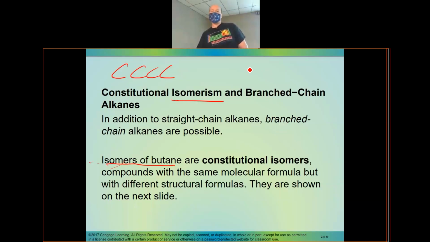Or we could put a carbon, a carbon, a carbon, and then put a carbon off of the middle carbon, and we still have 4 carbons, but they do not go in a row. So this is 1, 2, 3 carbons in a row, but another carbon is coming off of carbon number 2. And so these are constitutional isomers.